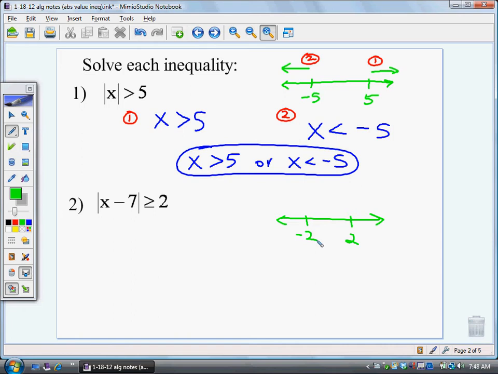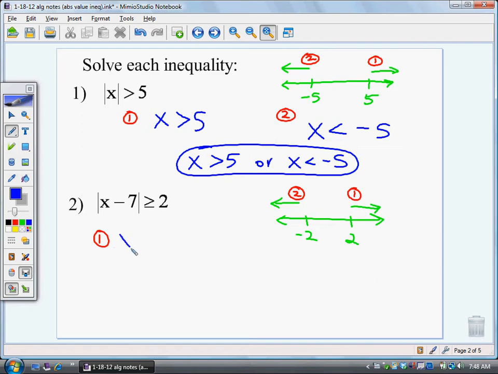So again, it's greater than. Numbers that have an absolute value of greater than 2 would be to the right of +2 and to the left of -2. And so you're going to get two inequalities. And again, each of these arrows is kind of describing to you your inequalities that you're going to need to solve. The first one that I numbered a 1 has an arrow pointing to the right of 2.